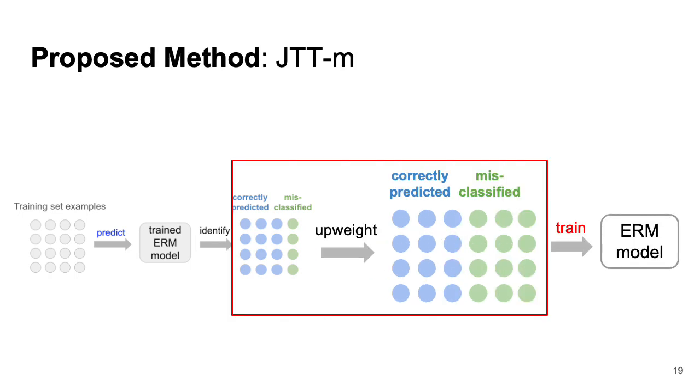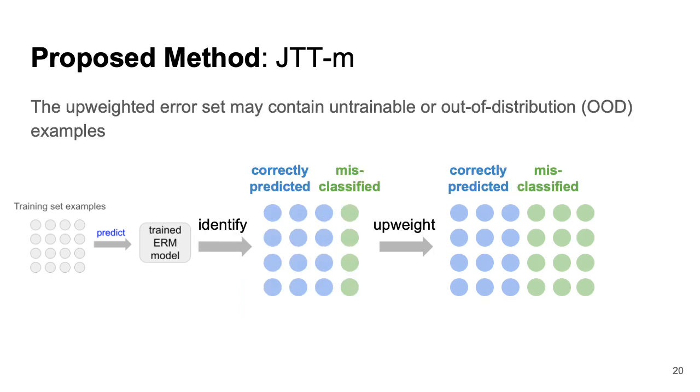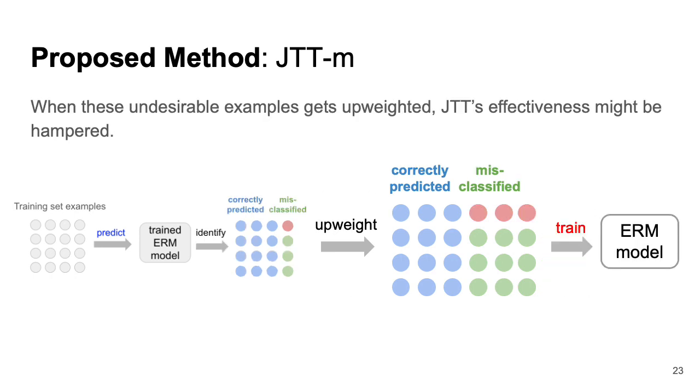In our proposed method, we focus on the step where the upweighting happens. More specifically, we think that the error set may contain untrainable or out-of-distribution examples, which we will call outliers for simplicity. When the error set is upweighted, the outliers get upweighted as well. The outliers that get upweighted then might make the performance of JTT less effective.